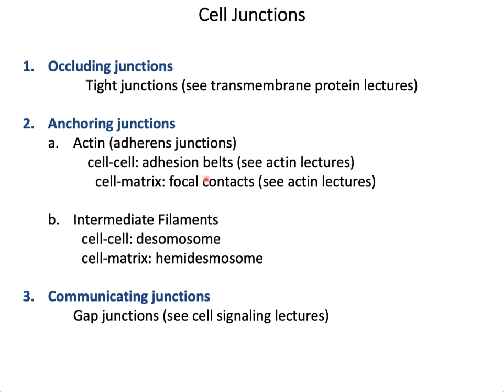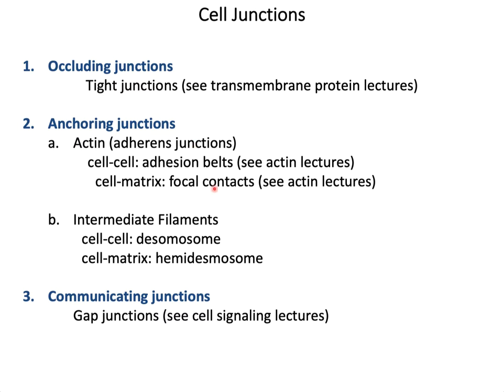And as the name suggests, the role of the anchoring junction is to provide structural integrity to tissues. Anchoring junctions are used by cells to connect to other cells and to the matrix, and they do so by utilizing the components of their cytoskeleton.